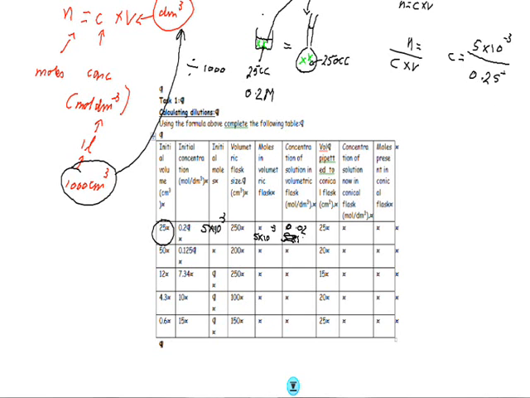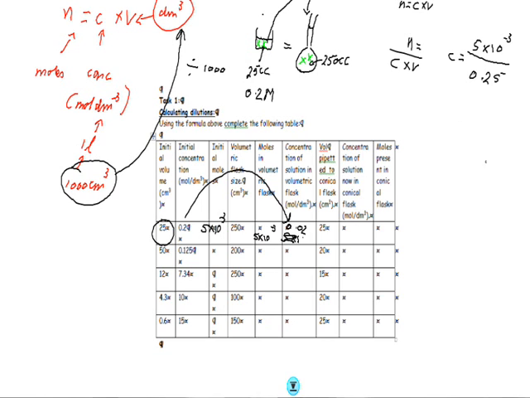So divided by 0.25 gives us the answer of 0.02. So you can either work it out just by saying, okay, that's been diluted tenfold, so it goes from 0.2 to 0.02, or you can use the C equals n over V calculation. That's purely up to you.